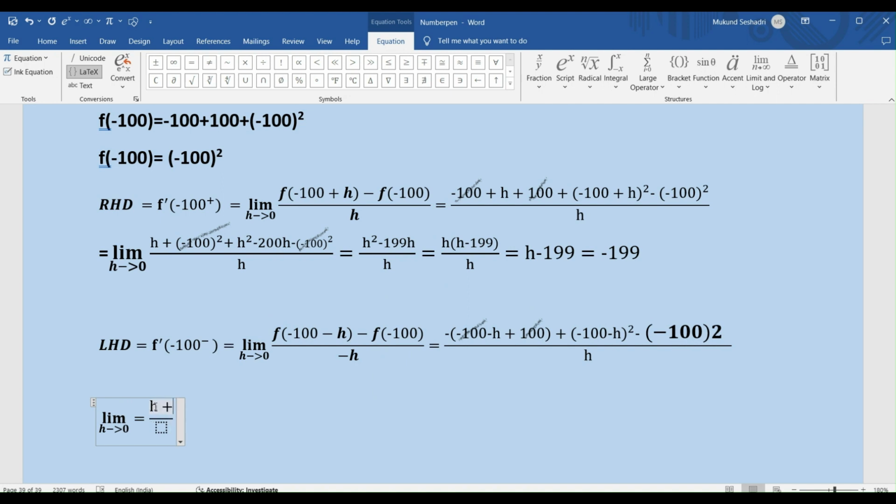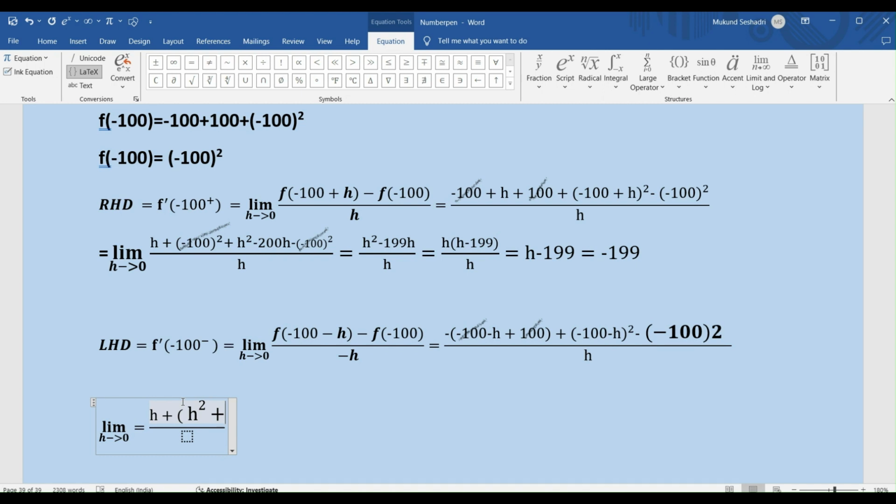The 100 has been removed. And then I have my minus 100 minus h the whole square, right? And what does that mean? Actually, I can pull out that negative sign, and negative sign the whole square becomes a positive sign, right?